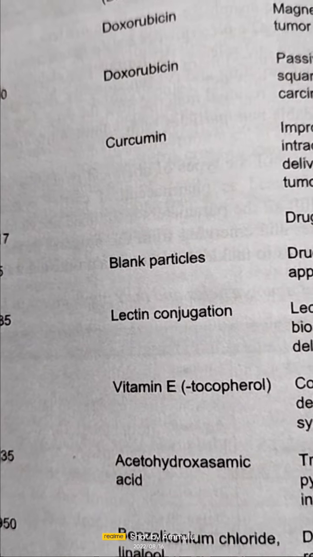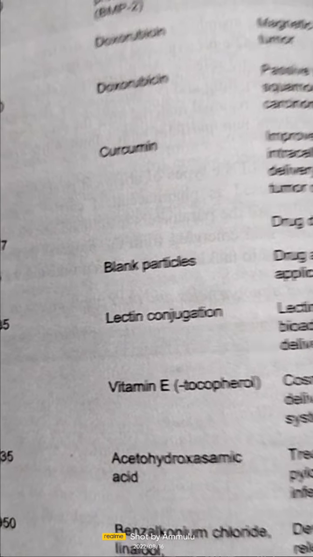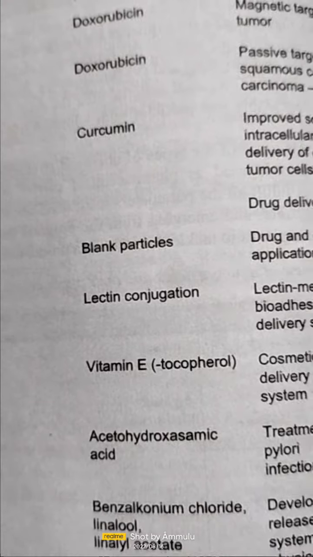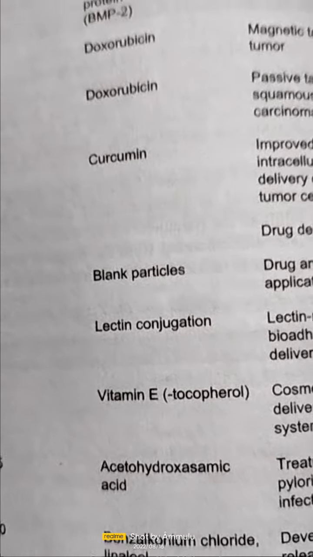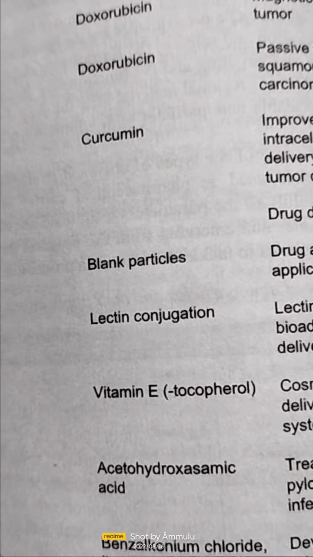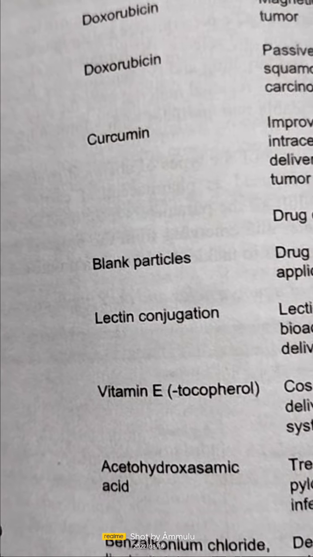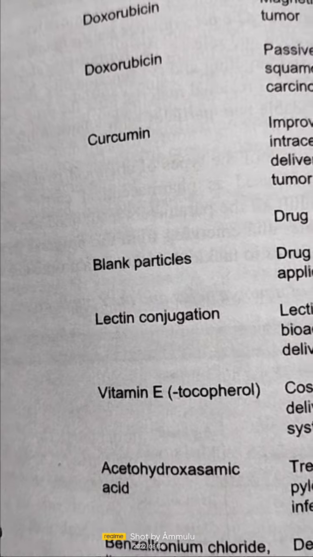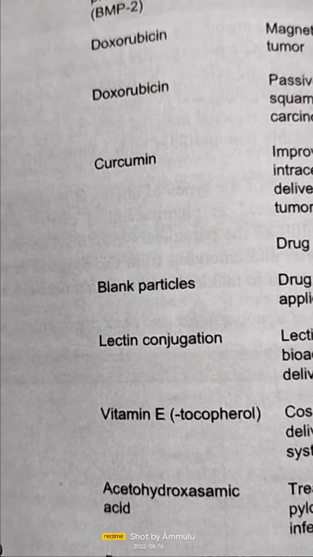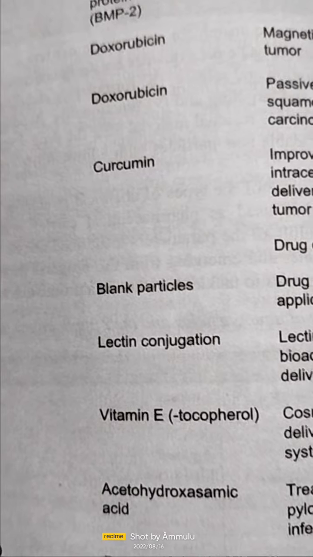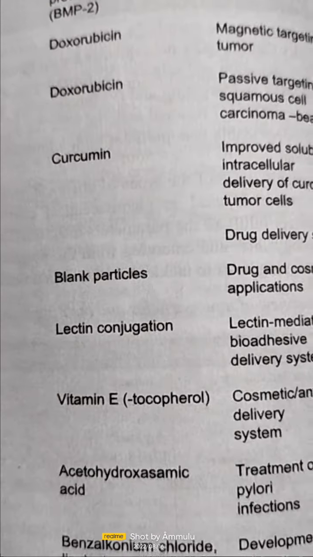The table indicates representative examples of protein polymers used for the nanoparticulate drug delivery system. Here four columns are there: protein polymer, particle size, which is denoted in nanometers, and drug, or maybe it is also called chemical, and their applications.